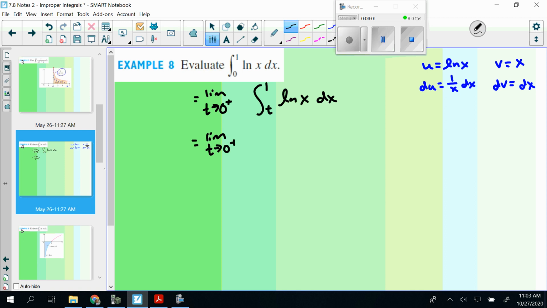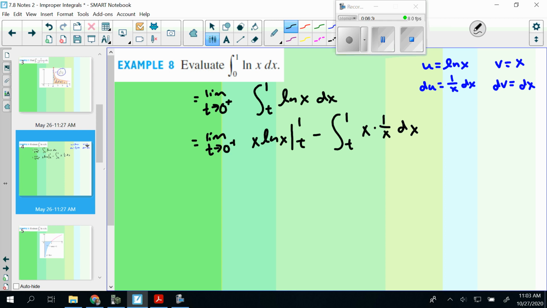So we got u times v, which would be x natural log x, evaluated from 1 to t, minus the integral still from t to 1 of v du, which would be x times 1 over x dx.